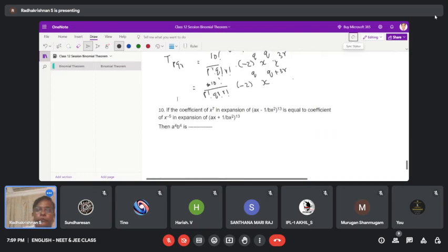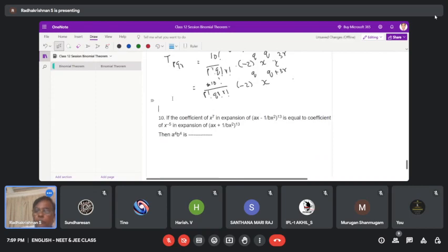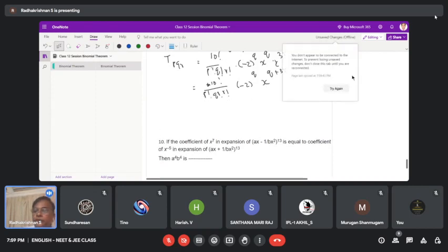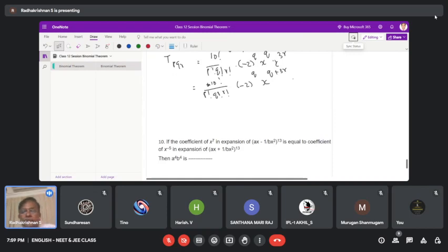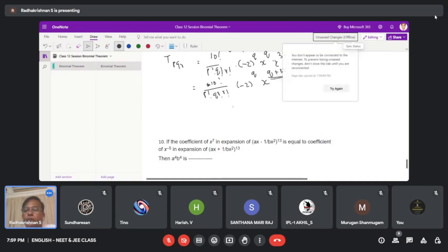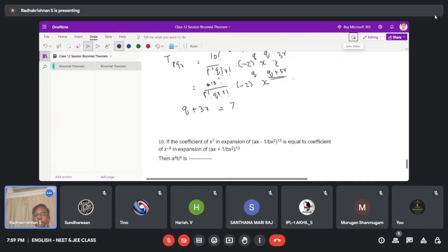Now we want to find the coefficient of x power 7, right? So here x power q plus 3r is equal to 7. So we have to find those coefficients for which q plus 3r is equal to 7.